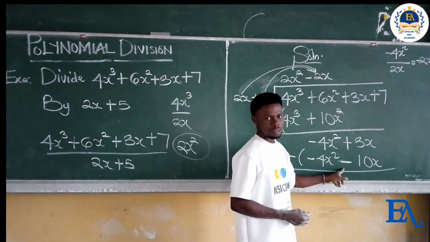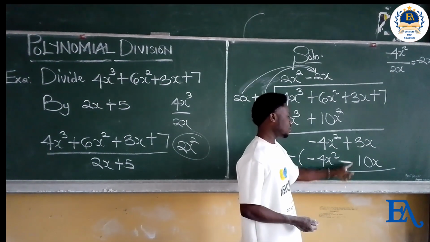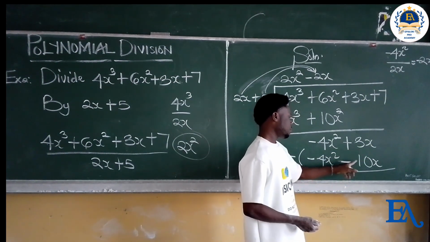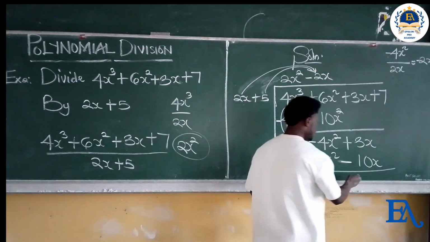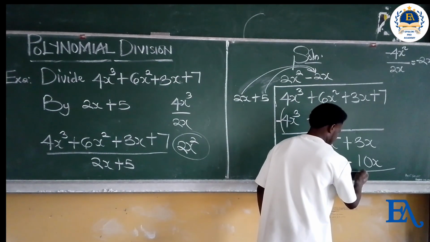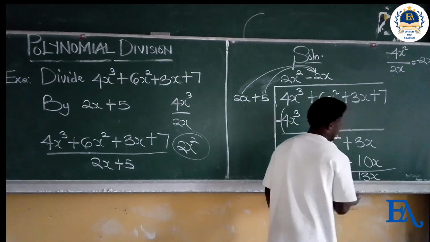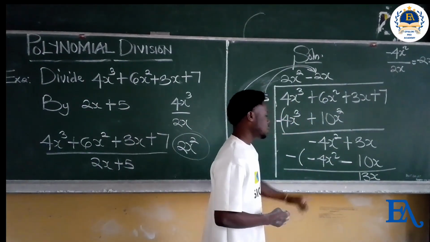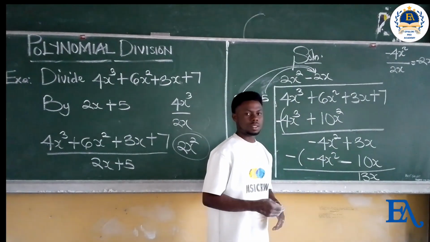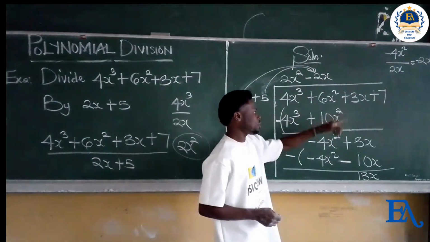Minus times minus is plus. So we are having 3x plus 10x. That will yield 13x.